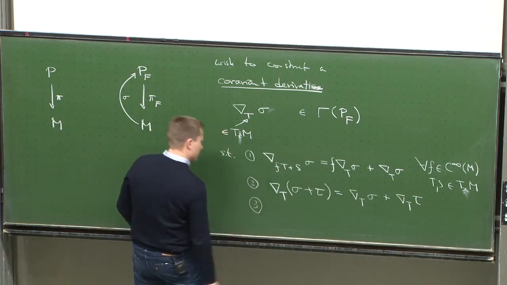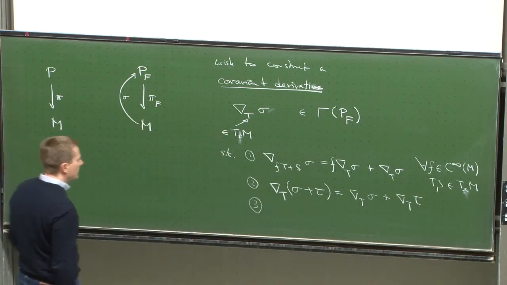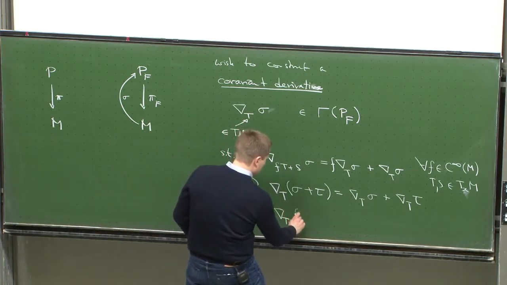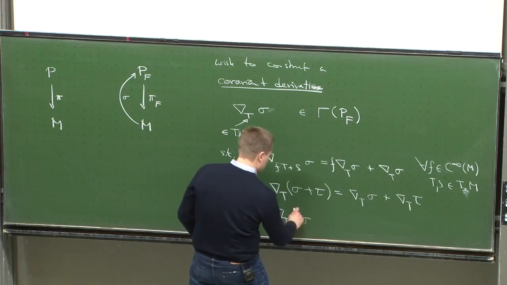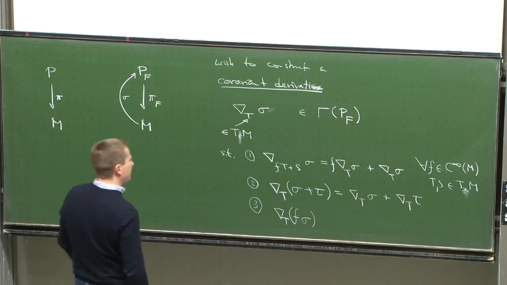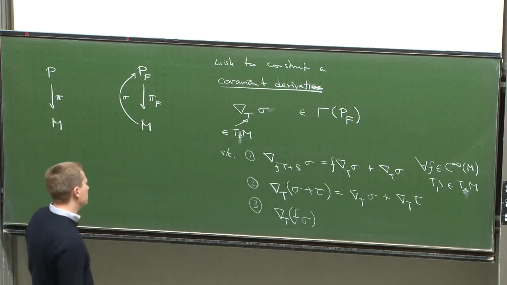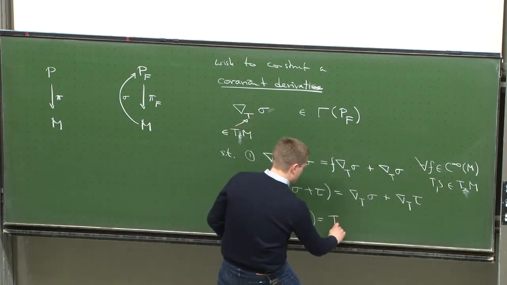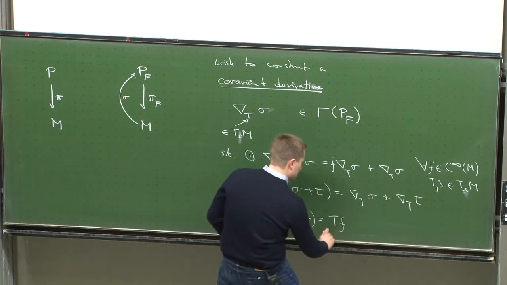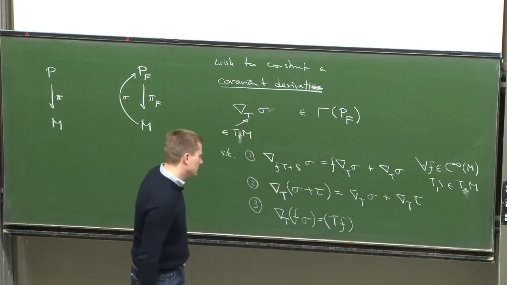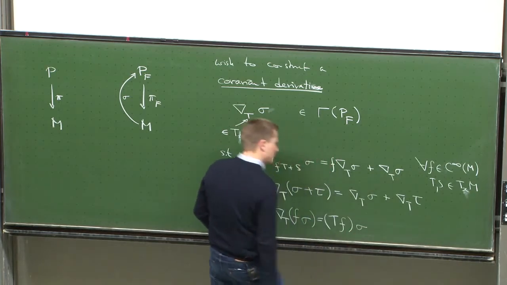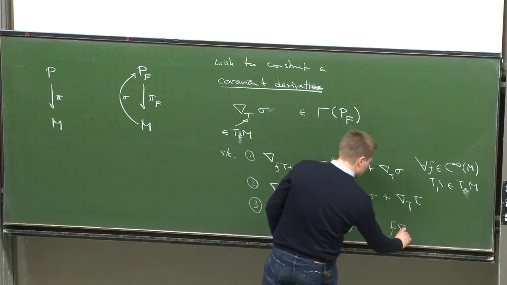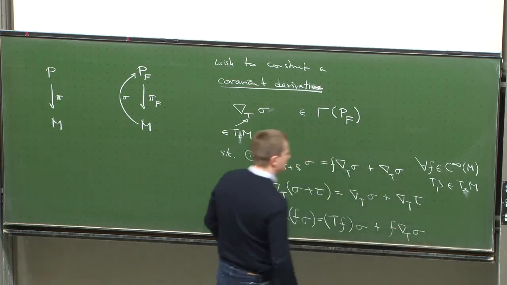And the third property we want to require here is that if we act on f times a section, where now the f is again a C infinity M valued function, then this ought to be the direct action of the tangent vector to the base manifold T on f gives a function times sigma plus f times the covariant derivative down sigma.